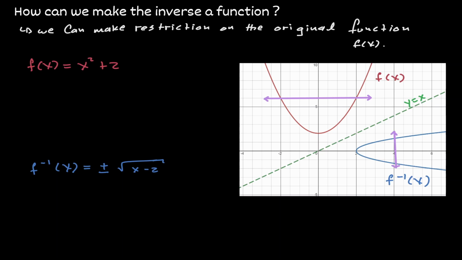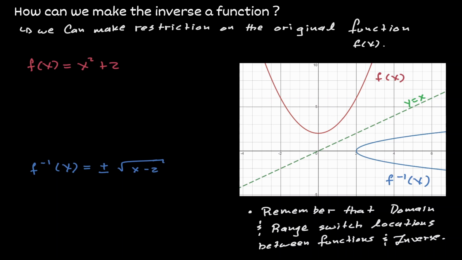So now we want to think about restrictions that we can place on the original function in red that will make it pass the horizontal line test, and that will make the inverse pass the vertical line test. And this is true because remember that between a function and an inverse, the domain and the range switch locations.